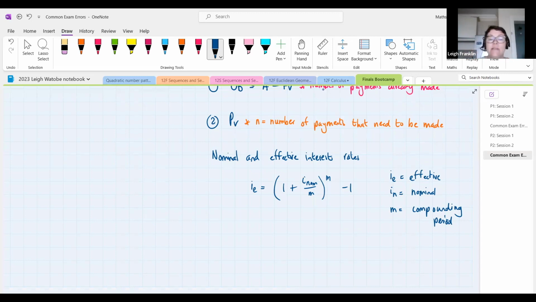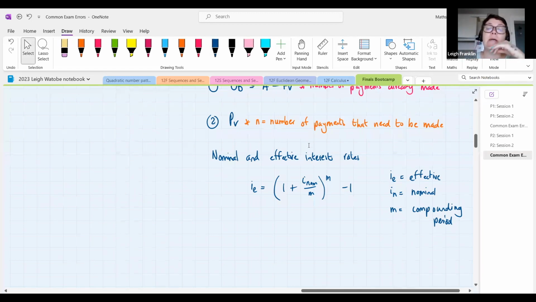As I say, it does come up very occasionally. If they ask you to calculate an effective rate from a nominal one, it's such a simple procedure, and that could be 2 or 3 marks. We want all the marks that we can get. We don't want to just throw stuff away just because we didn't learn a formula.